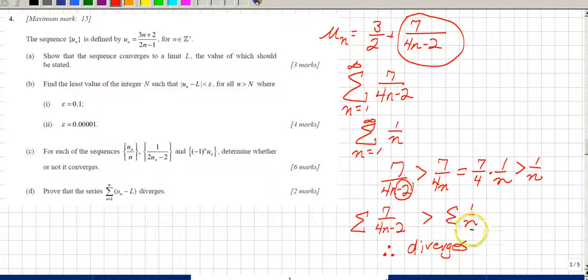If you know one diverges and you can find one that's larger than it, it also has to diverge. Remember, diverge means it just keeps getting bigger and bigger and bigger. So if something is getting bigger and bigger and bigger and something is greater than that, that one also has to be getting bigger and bigger and bigger. That's the logic behind it. All right, problem number 4 is done.